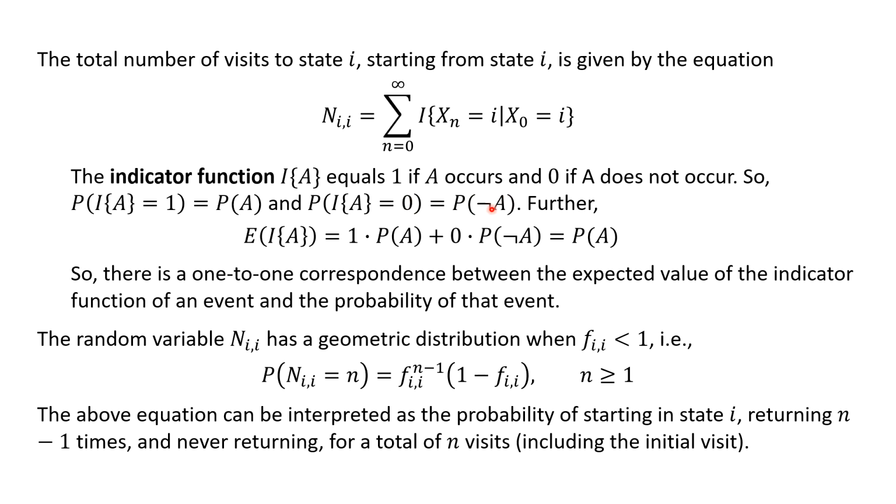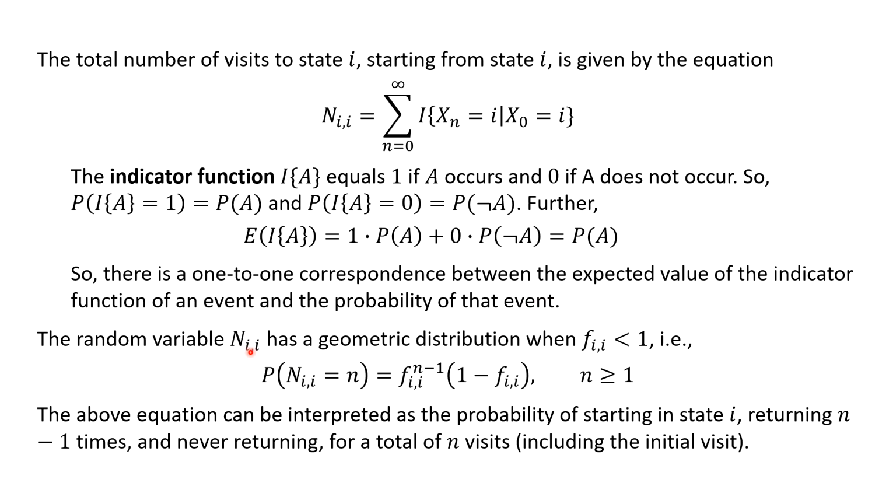That's what this little symbol means here, not A. Further, the expected value of the indicator function of A is the value 1 when A occurs, and then 0 when A does not occur, and then you add it and you just get the probability of A. So there's a one-to-one correspondence between the expected value of the indicator function of an event and the probability of that event.